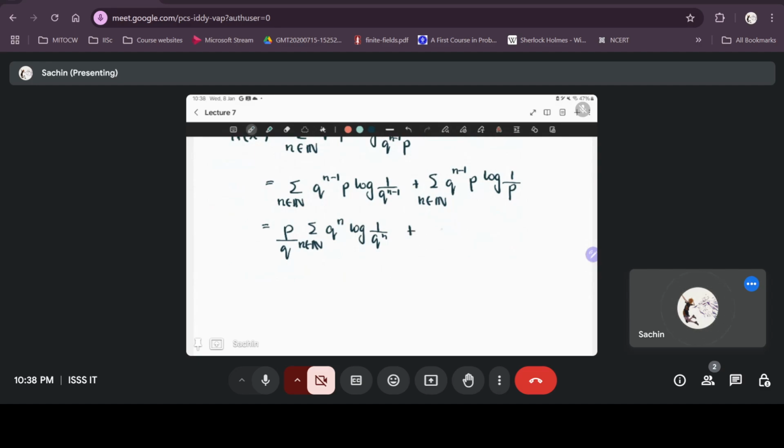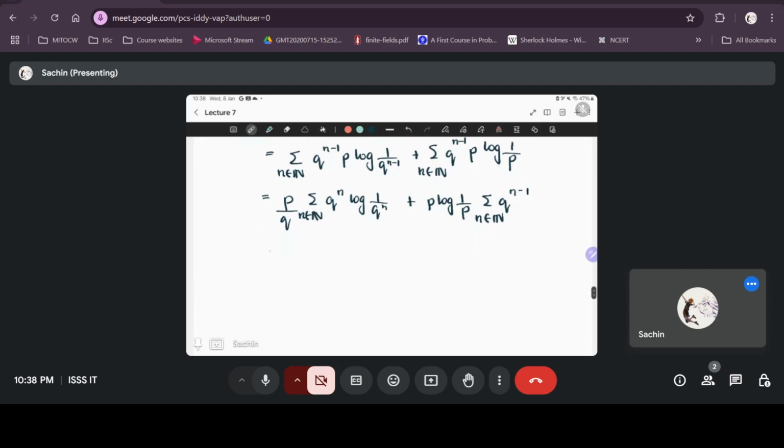Plus p log of 1 over p summation q power n minus 1, n is over all natural numbers. Now the first term, again, log of 1 over q power n can be written as log of 1 over q whole power n, which is n times log of 1 over q, and then you can take the log of 1 over q outside.